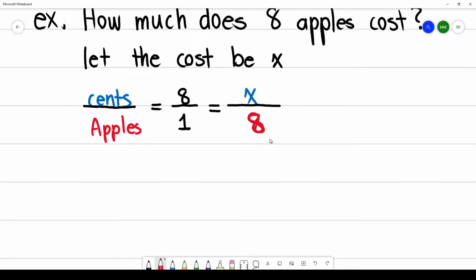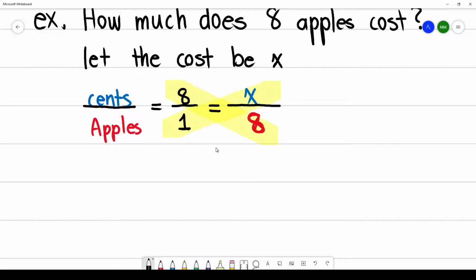But when it gets really complicated, what we do with this sort of equation is cross multiply. That is what we call it, cross multiply. Essentially, you multiply these two things.